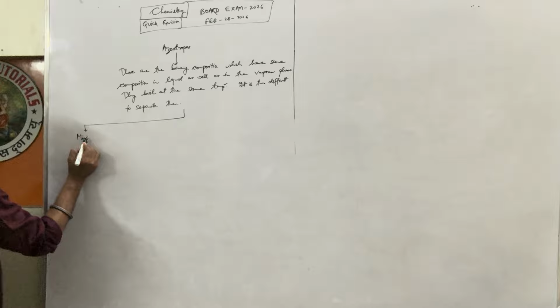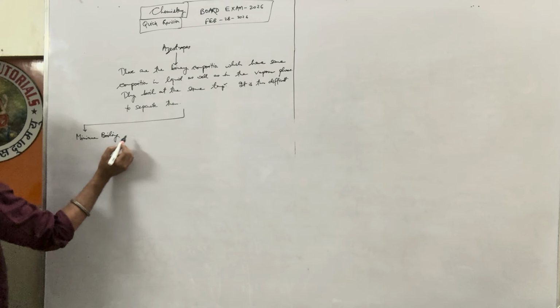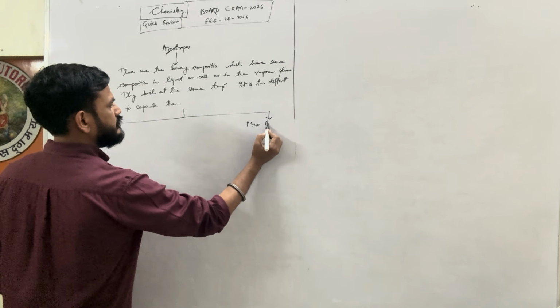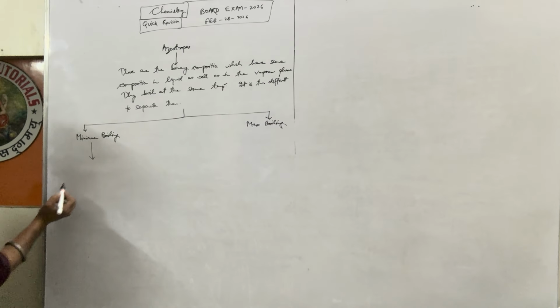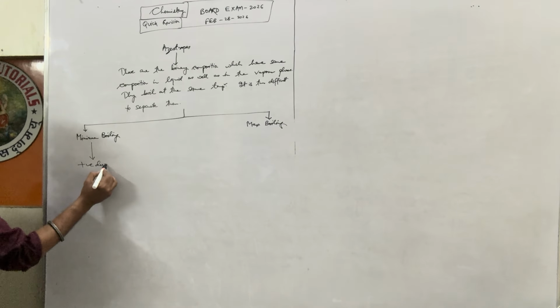So there is the minimum boiling azeotrope and the other is maximum boiling. In minimum boiling, it shows positive deviation from Raoult's law.